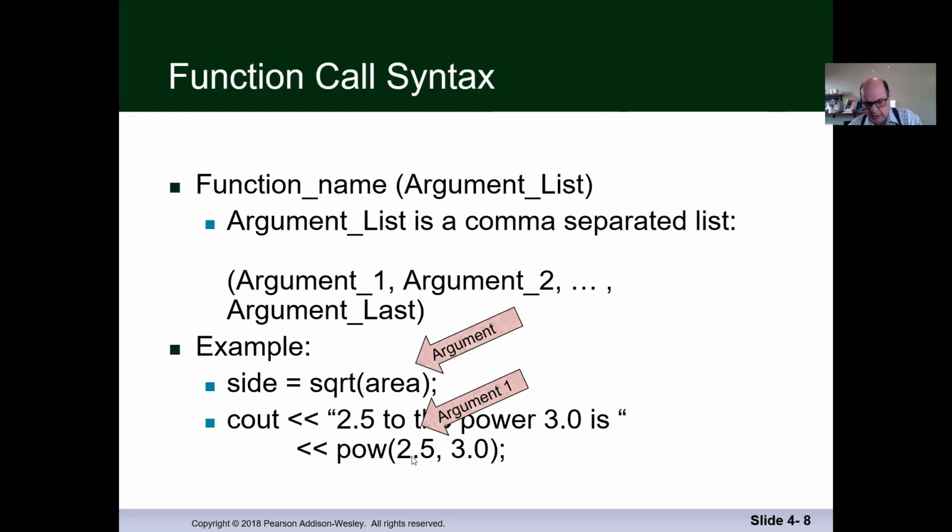That is the power. Both of these are returning values, so we can assign them to a variable. We can also use them just to print out the result. When we're calling a function, the function is going to go execute the code, and then it comes back and replaces itself with the result, or the return value.